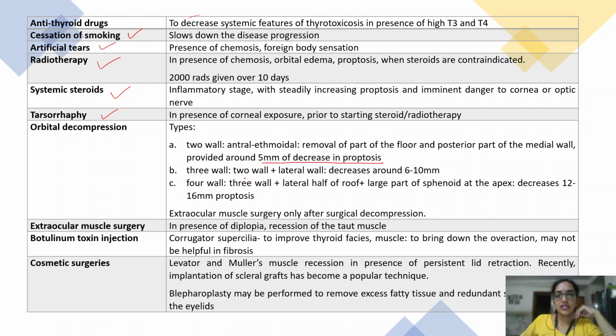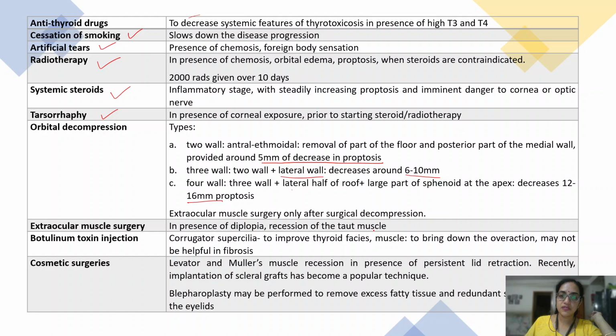Whereas 3-wall involves the 2-wall mentioned above plus lateral wall decompression, which decreases the proptosis by around 6 to 10 mm. Then 4-wall decompression is additional lateral half of the roof and large part of the sphenoid at the apex, which decreases the proptosis by around 16 mm. This should follow extraocular muscle surgery for correction of squint.